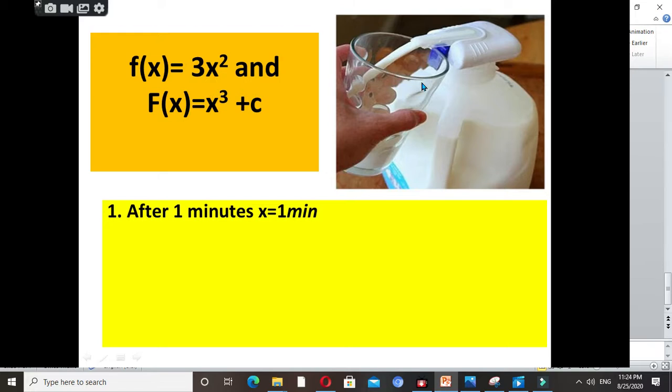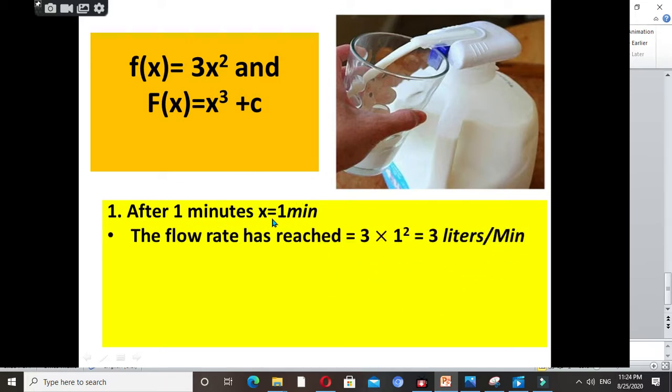After 1 minute, x is equal to 1, the flow has reached 3 times 1 square. f(x) is equal to 3x square, thus 3 times 1 square is equal to 3 liters per minute. This is the derivative or rate.